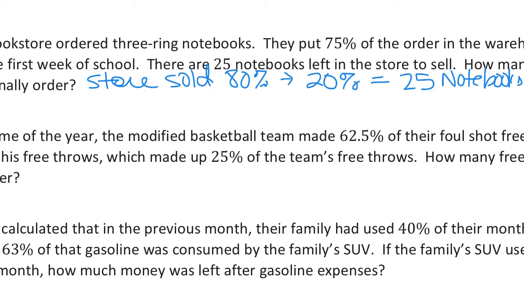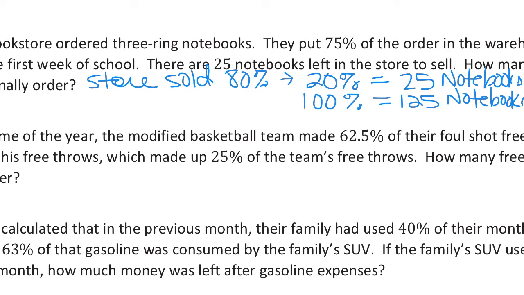Okay, so 100% at the store, so I'm doing some mental math here. If 20% of them is 25 notebooks, then 100% at the store, multiplying by 5, 20 times 5 is 100, so 25 times 5 is 125 notebooks. So they had 125 notebooks at the store.